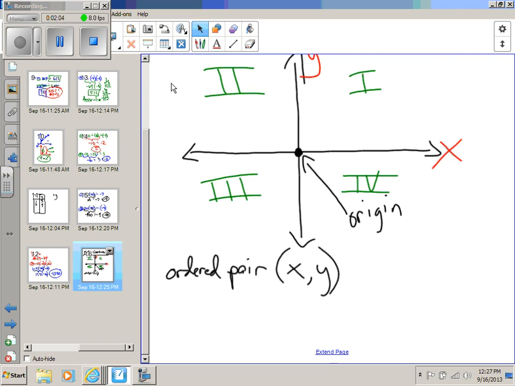The second number, where you go from that point on your x-axis to your y-axis, okay? It's called ordered pair because it matters what order they're in. You can't take it in any order you want, okay? So as a helper, this works as a regular number line.